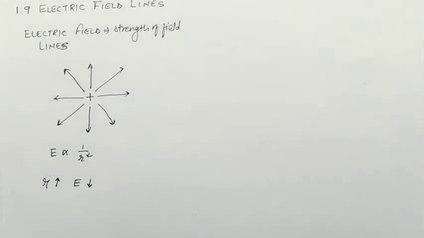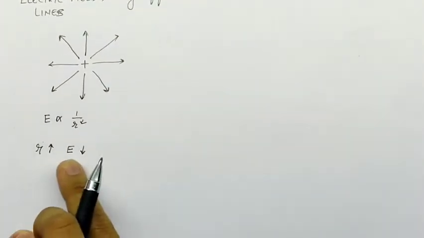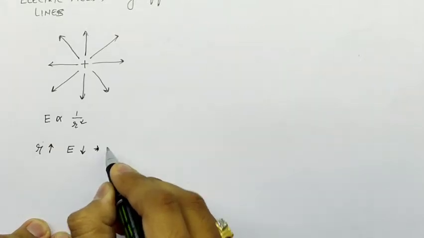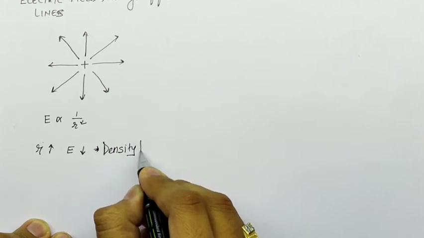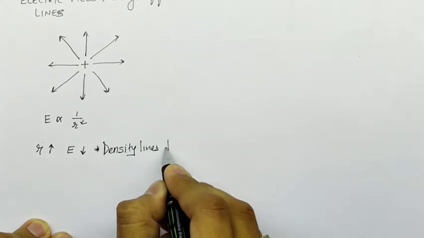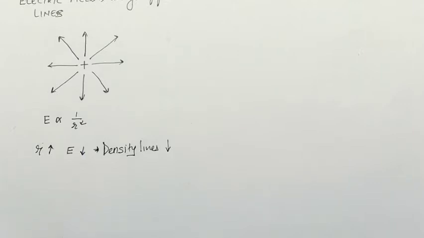As r increases, E decreases, that means the density of lines will also decrease, because the density of lines is directly proportional to the electric field.